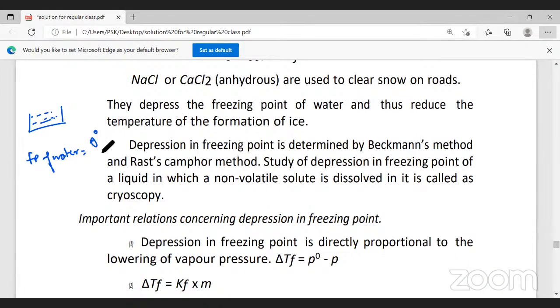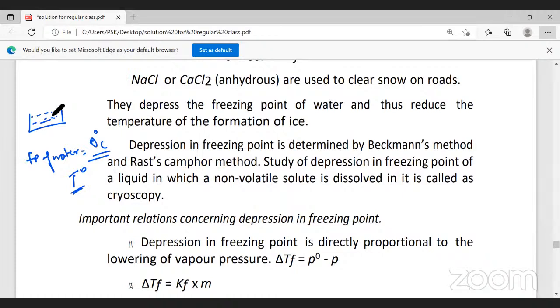What's the freezing point of pure water? It is 0 degrees Celsius. This is pure water. We will mark it as T0.